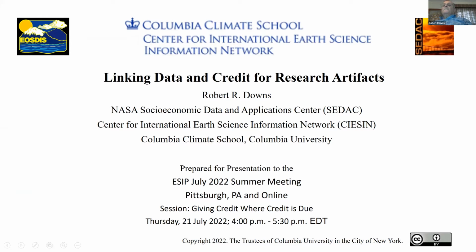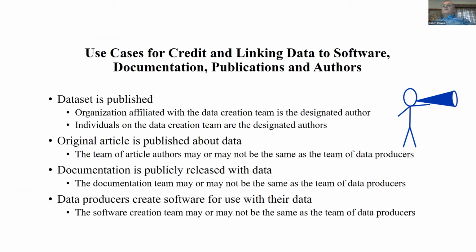I'm going to give you some use cases to begin with. From the perspective of a data center, you have a data set that's published, and the organization that's affiliated with the data creation team might be the designated author of that publication.